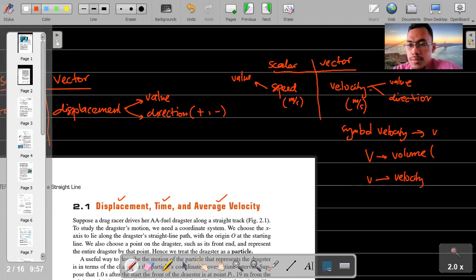The unit for volume is meter cubed, and for velocity it is meter per second.